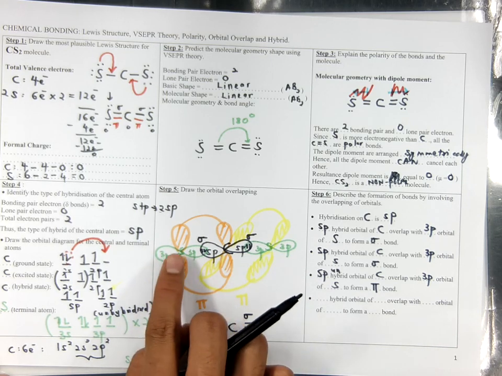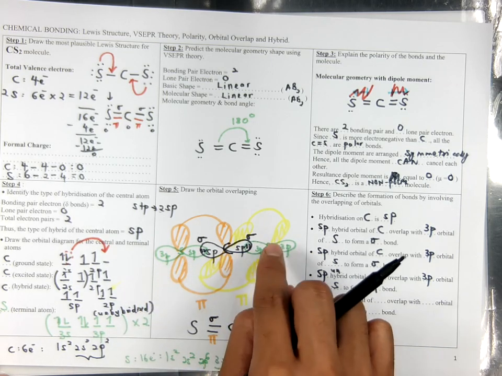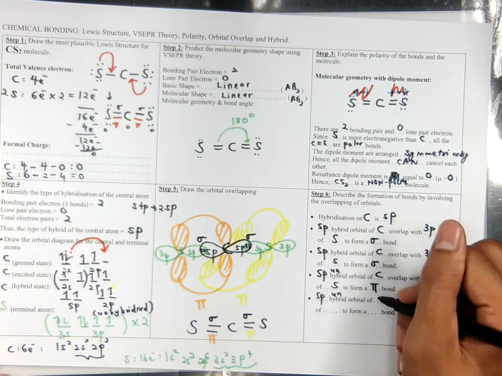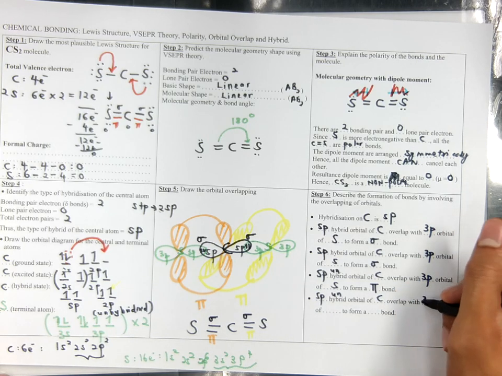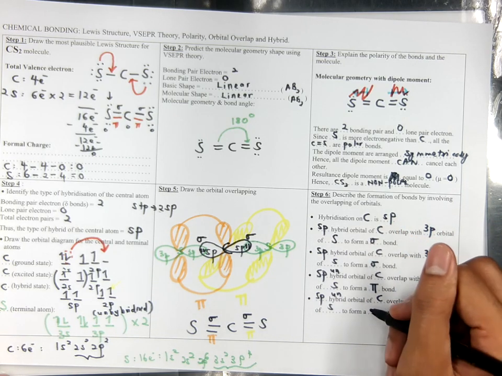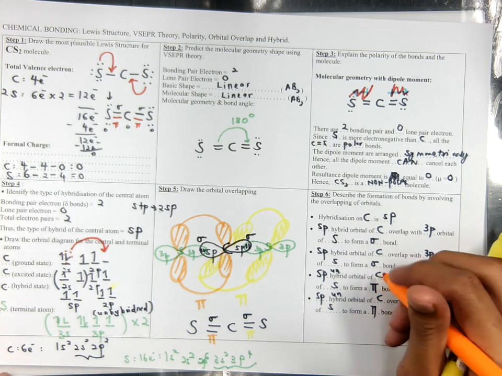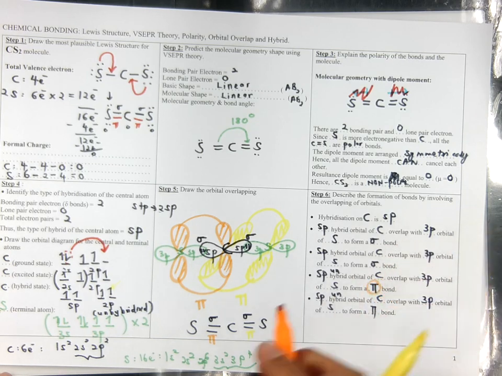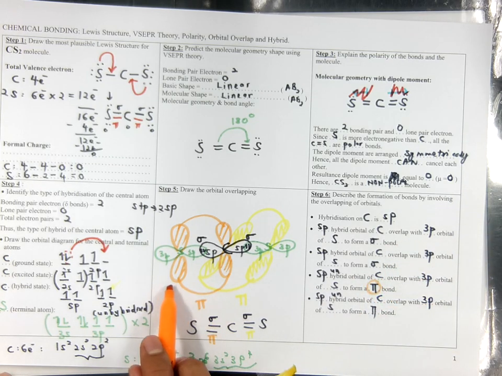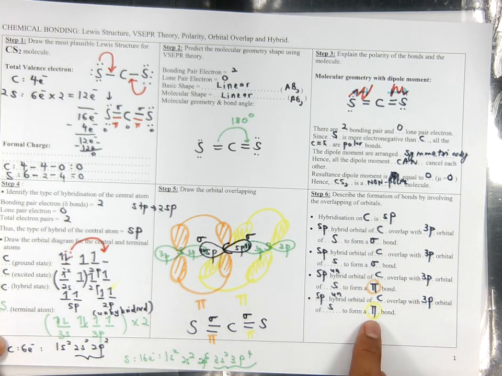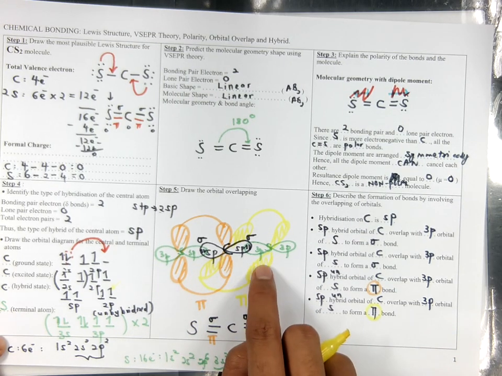So this goes for the left hand side, and the same goes for the right hand side, where the unhybridized orbital of carbon will overlap with the 3p orbital of sulfur to make another pi bond. So I will indicate this by using an orange label to show that the pi formation happens at the left hand side, and a yellow label to show that the pi bonding is made from the right hand side.